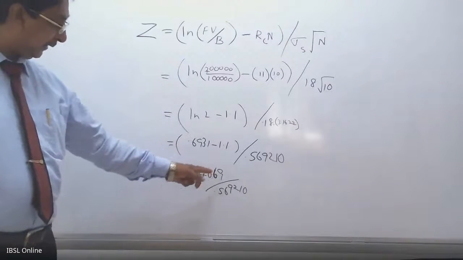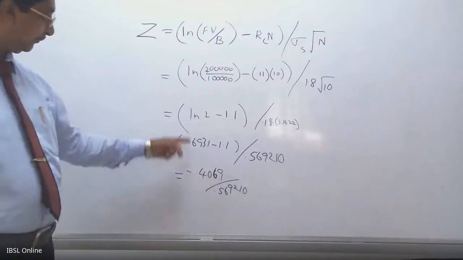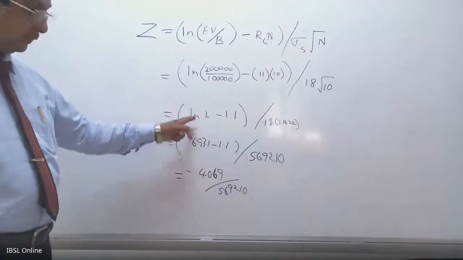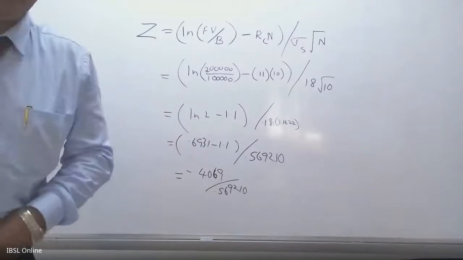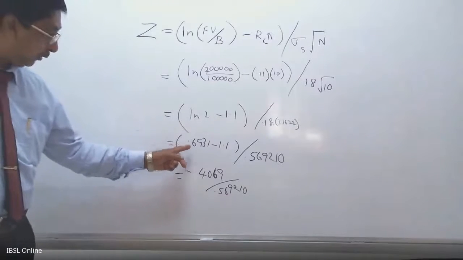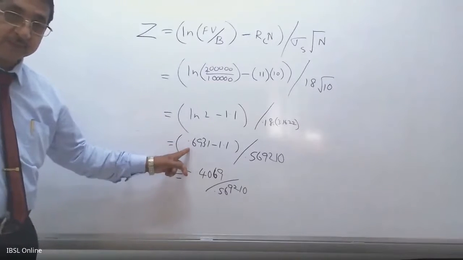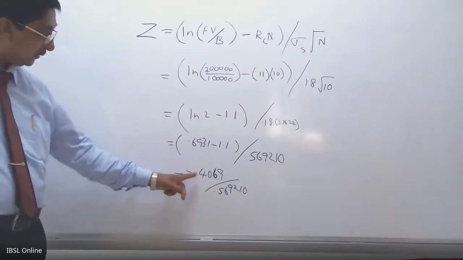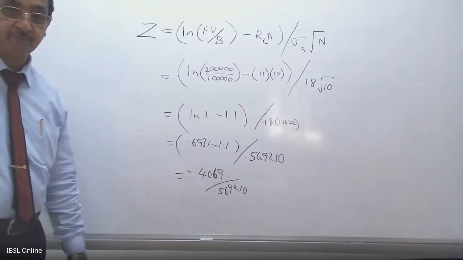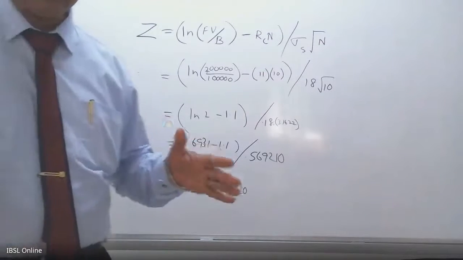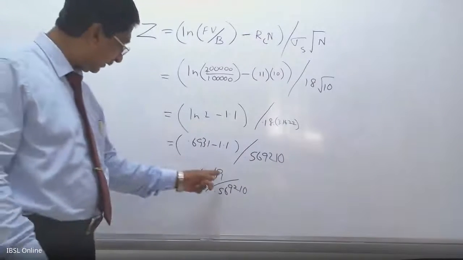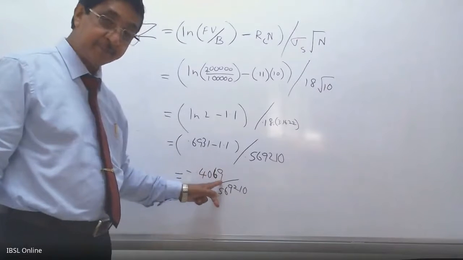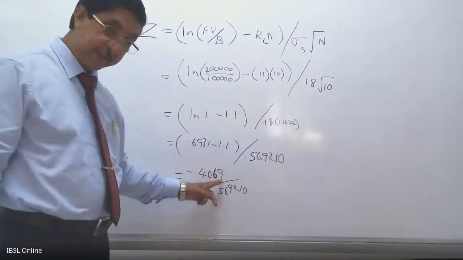I have taken it only to the fourth decimal here. Then you get 0.6931 as the log 2. So log 2 can be taken from the calculator. All of you should get this value as log 2, 0.6931 minus 1.1. It comes to minus 0.4069. In my lesson, I have given some more decimals here, but here I put it to the nearest 4 decimals.